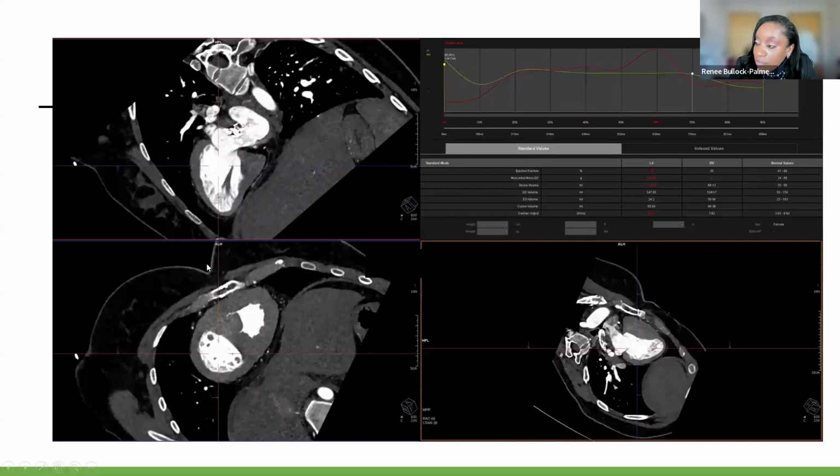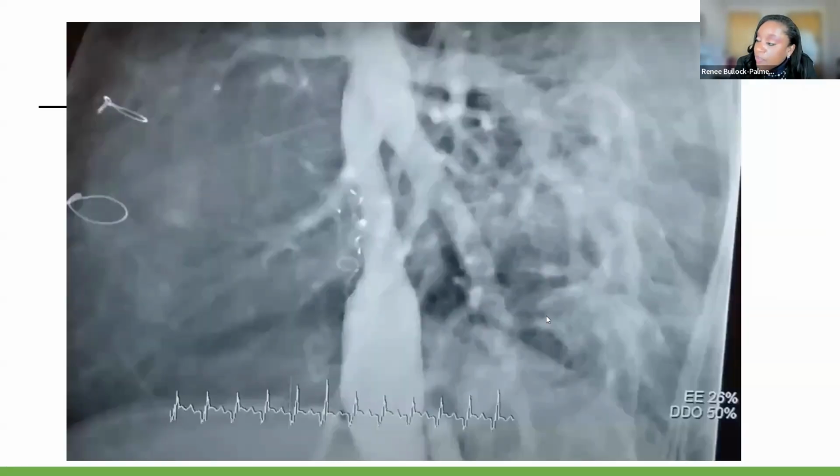And her ventricular function was actually, the LV was 44% EF, and the RV was 55%. Her initial reason for the Fontan was due to tricuspid valve atresia, so the left ventricle actually had to be functioning as the single ventricle, and the Fontan had to be created due to the fact that the RV was hypoplastic from the tricuspid valve atresia.